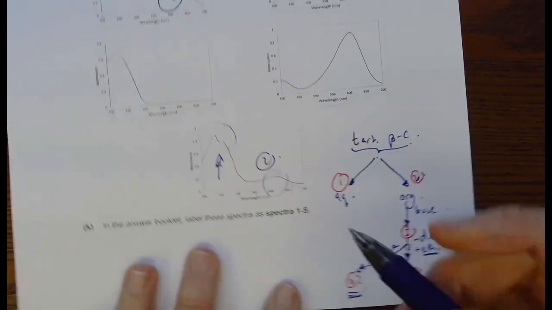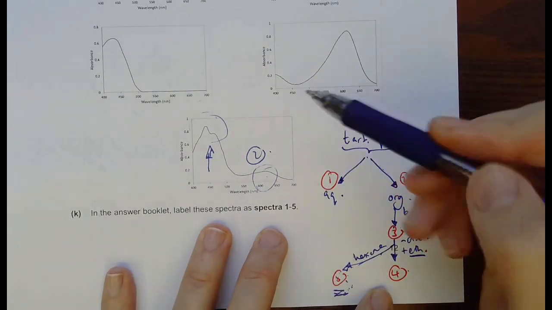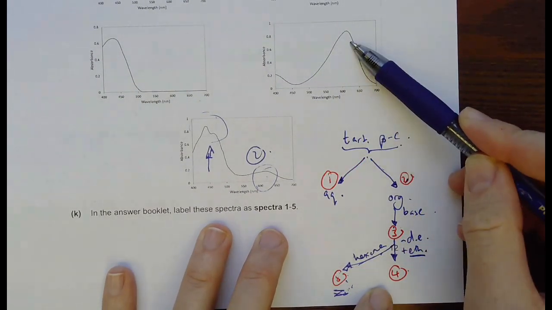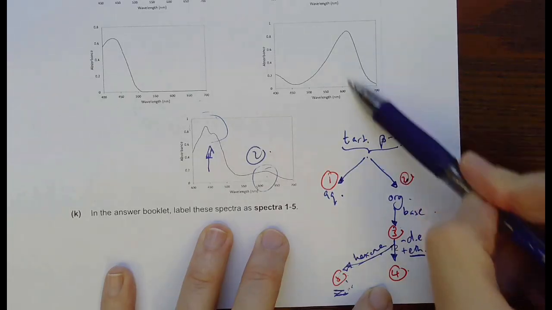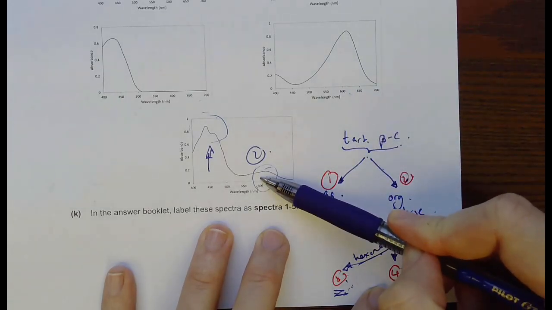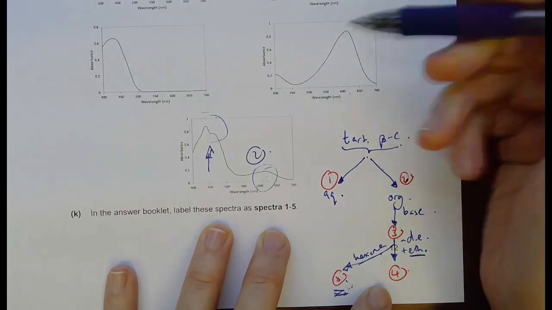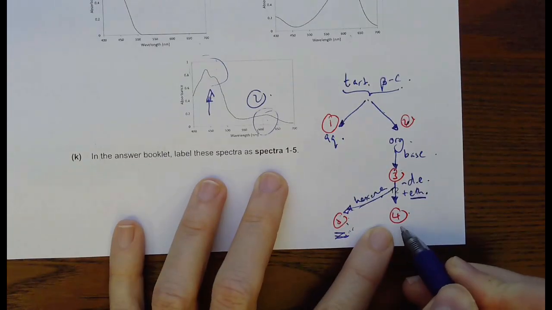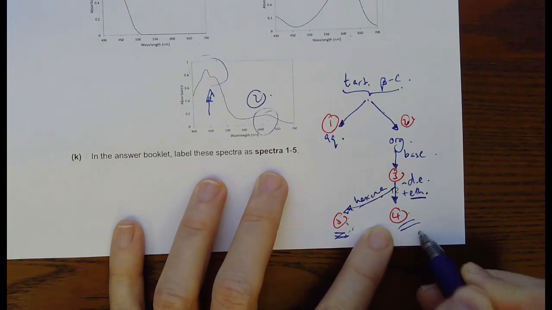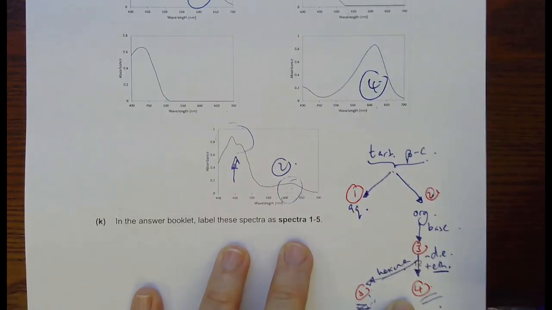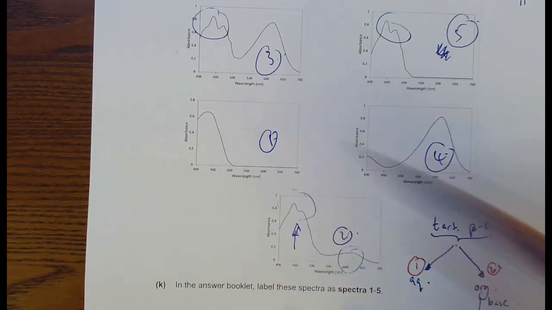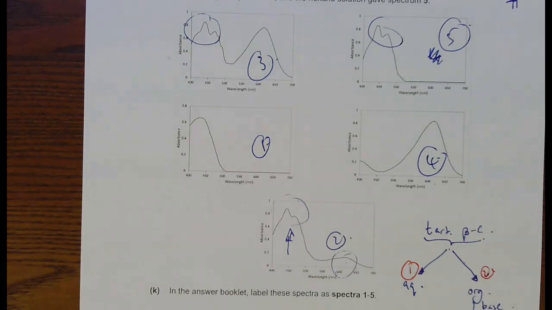And now you can see that this has this peak at 600, which is this here, just zoomed in more. So that is the bit that we remove at the end. So that's going to be number 4, which means that this is number 1. Okay, so that's our tartrazine.